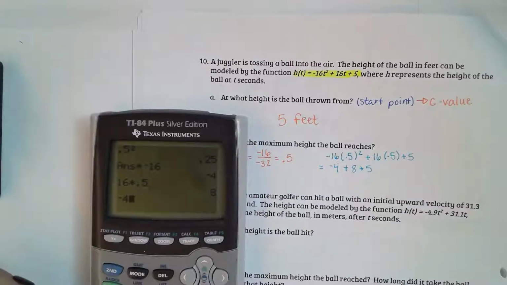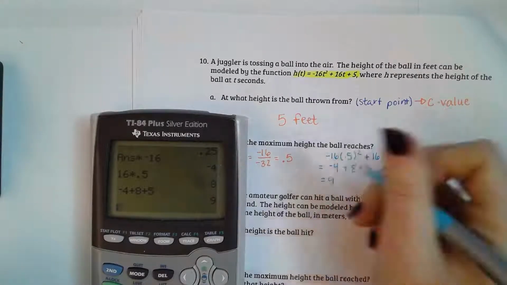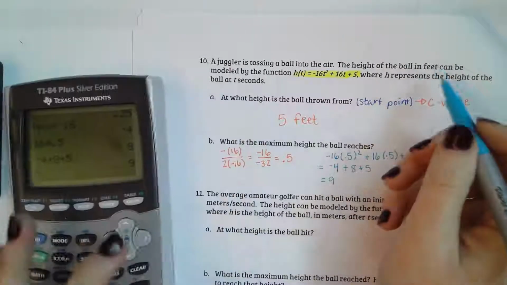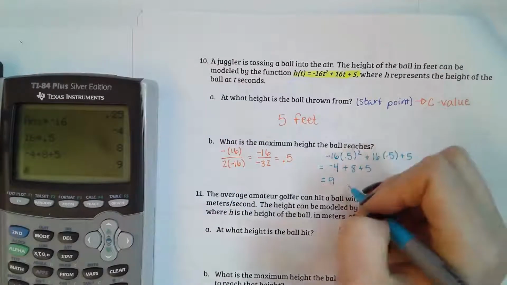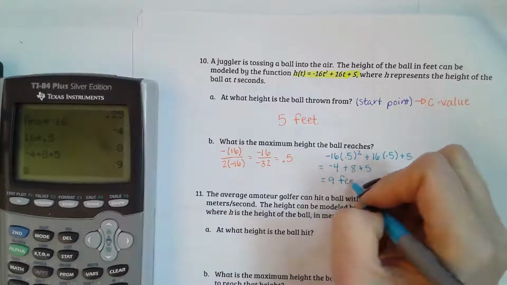So negative 4 plus 8 plus 5 is 9. So our maximum height is 9 feet.